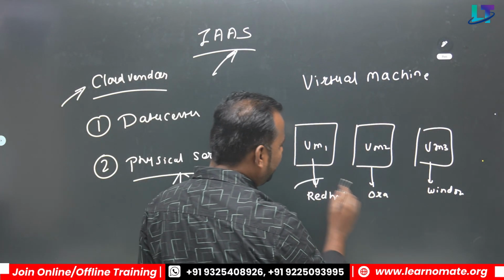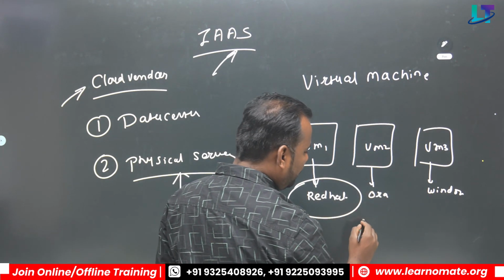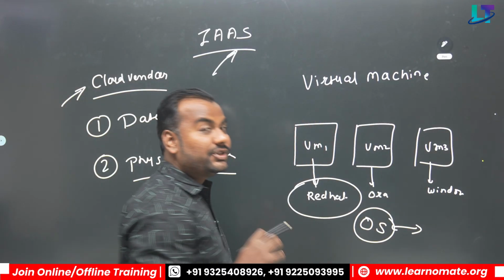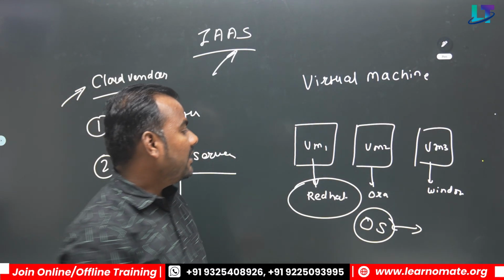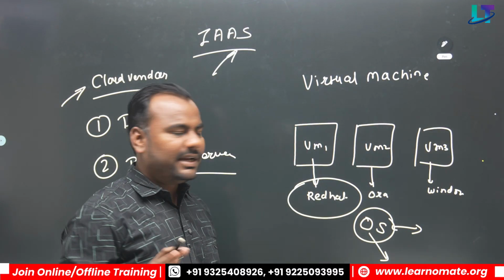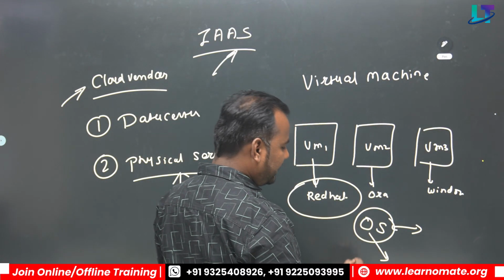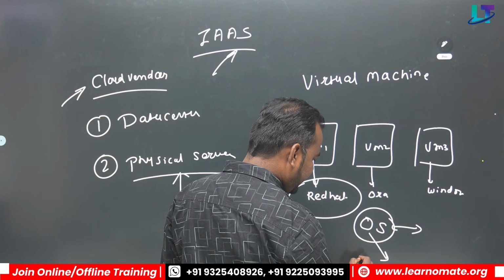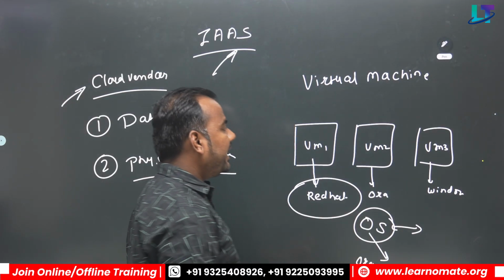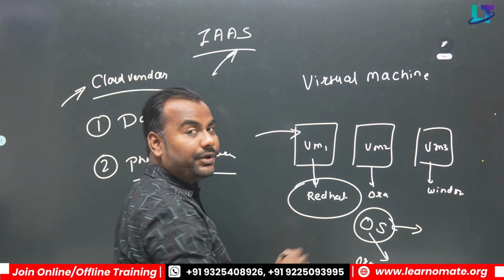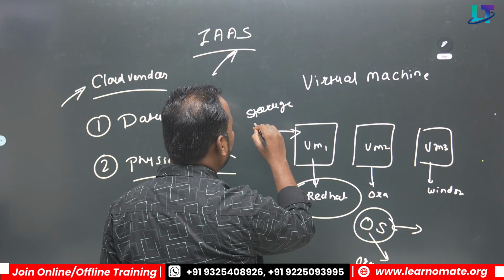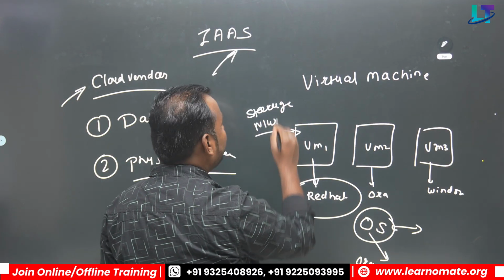Under that VM you have control to install the operating system. You can decide which operating system you need. Under this operating system, whatever you want to install, for example, the database administration people normally install databases like Oracle and Postgres. To this VM you allocate storage and network.